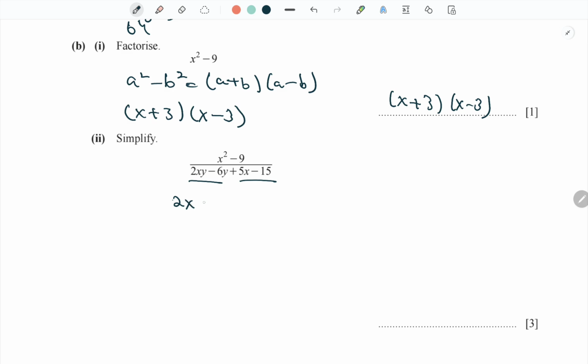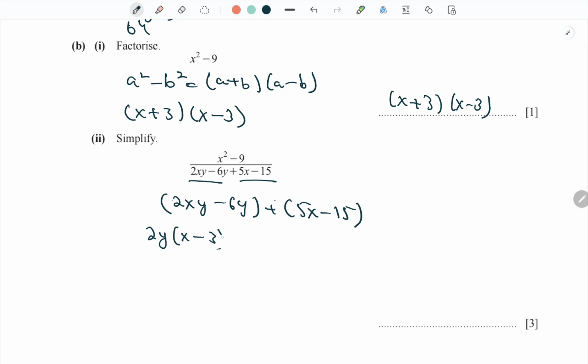And then the next one we have 5x minus 15. So first one we take the common, that is 2y, so we have x minus 3 is left, not 6.